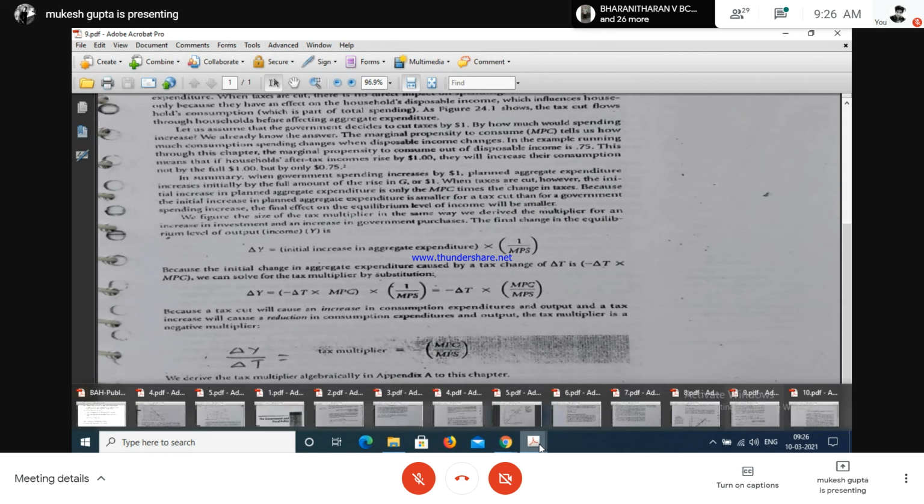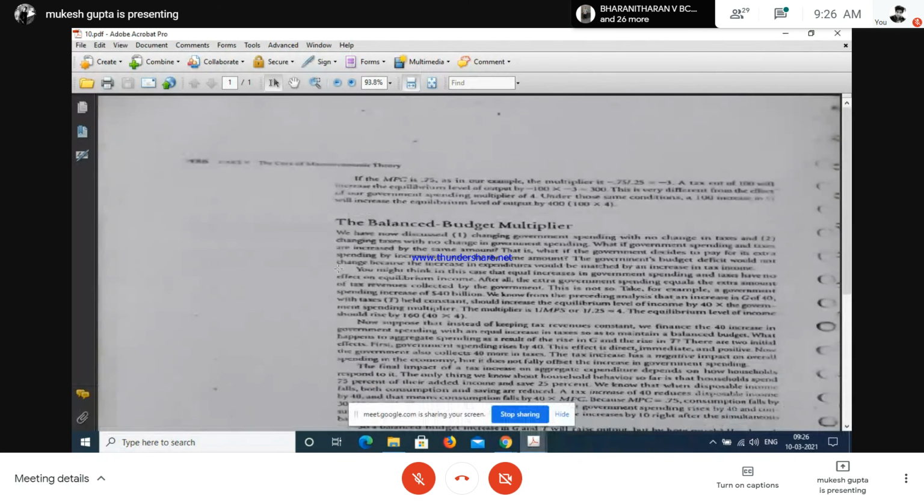And the last thing is the balanced budget multiplier. The balanced budget multiplier applies if the budget deficit is 0, we can say. That is, G minus T becomes equal to 0. It means that the net tax received by government becomes equal to government expenditure. If the net tax collected by government is 100 crore, then the government expenditure done by government is 100 crore.